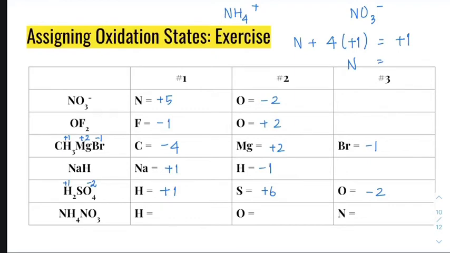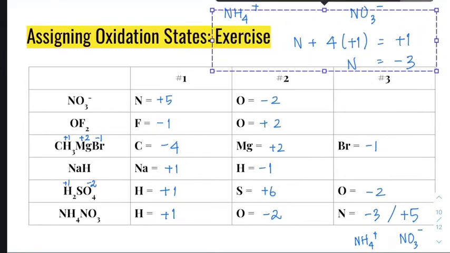Therefore N is -3. So the hydrogen is +1, oxygen is -2, and nitrogen can be -3 in NH4 plus or +5 in NO3 minus. And that's how you do an oxidation state.